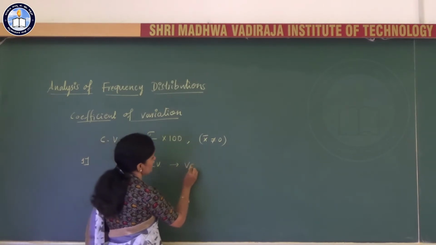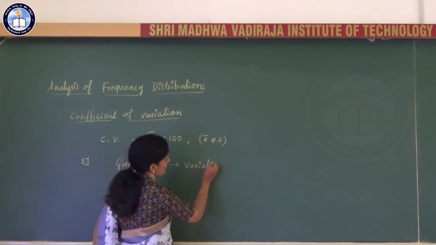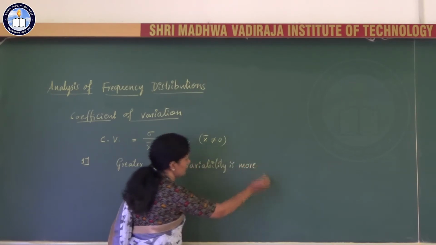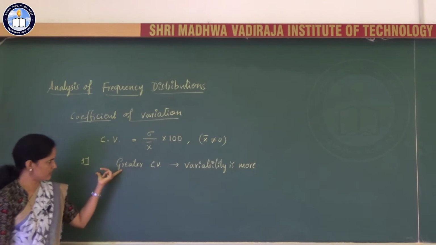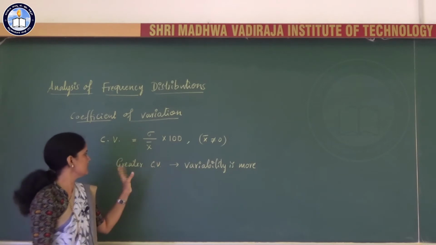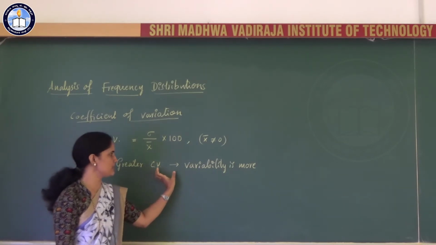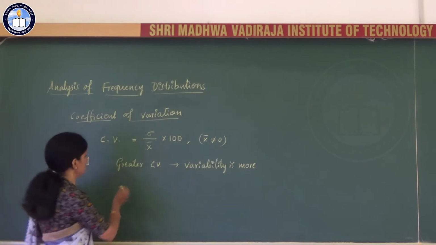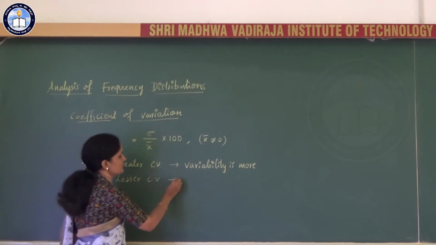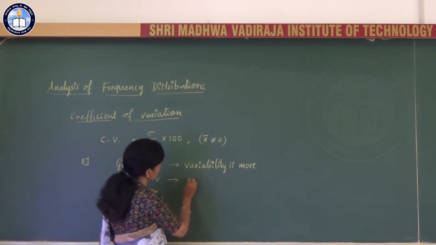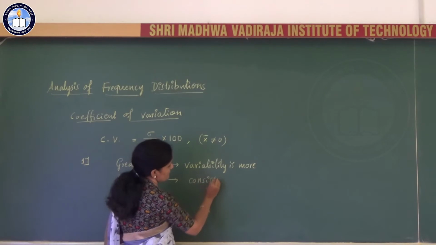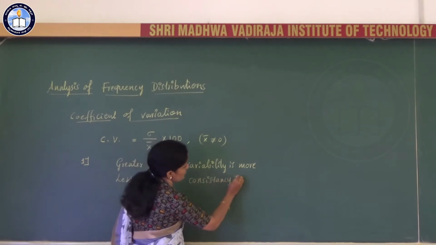Therefore, the consistency of the series having the greater coefficient of variation is less. Greater the coefficient of variation implies the variability is more. If the coefficient of variation is lesser, it indicates the consistency is more.